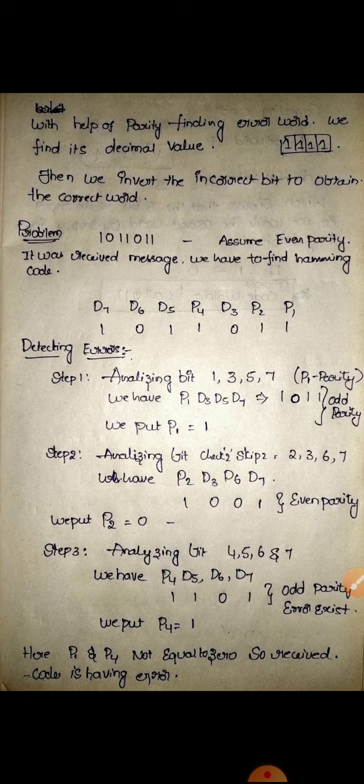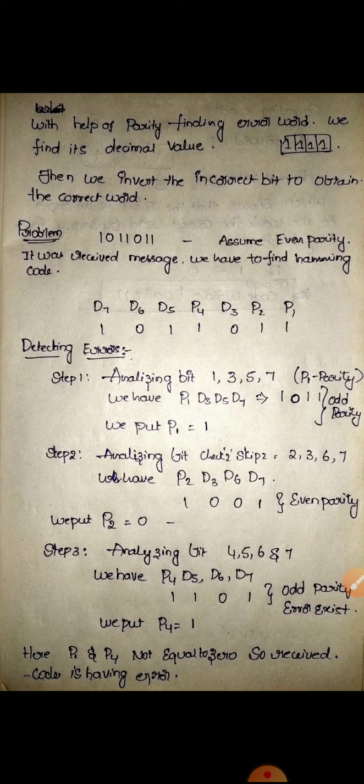Here D7 position is 1, D5 position is 1, D6 position is 0. So P4 is equal to 1, which means here you are getting odd parity, so the error will be present in this word.